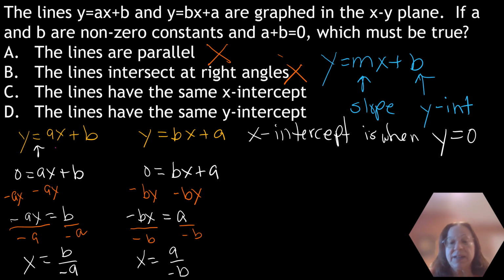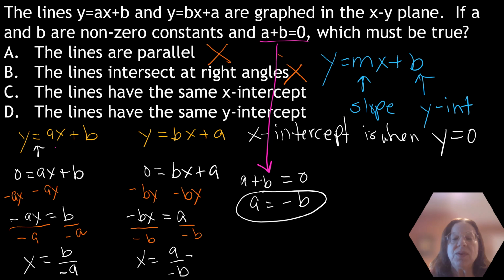So at first it kind of looks like, oh, these don't look the same, but we know that a plus b equals 0, so a equals minus b. So everywhere you see an a, you're going to put minus b. So the first one is b over minus b, which is b over b, and that's 1, because we know b is not 0.